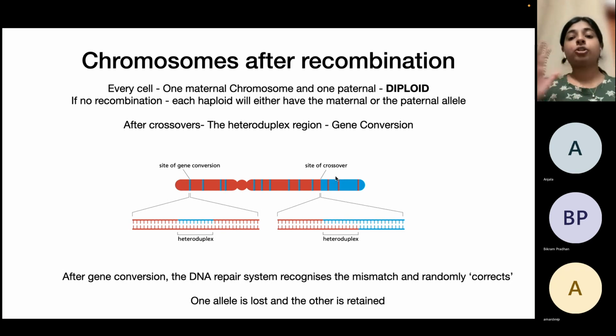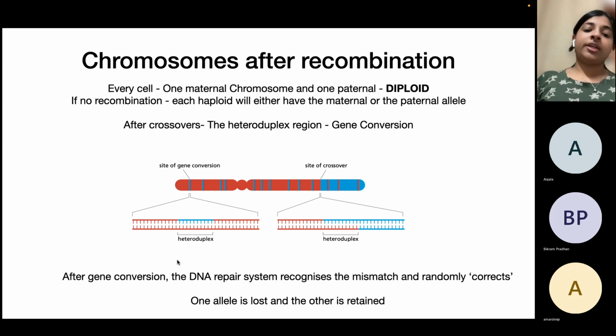But if there is a proper crossover, then there is a heteroduplex region, which means that one gene comes from one chromosome and the other gene comes from the other chromosome over a large segment of the chromosome. Now there is, of course, mismatch between the two bases, right? Not all bases will be identical to each other.